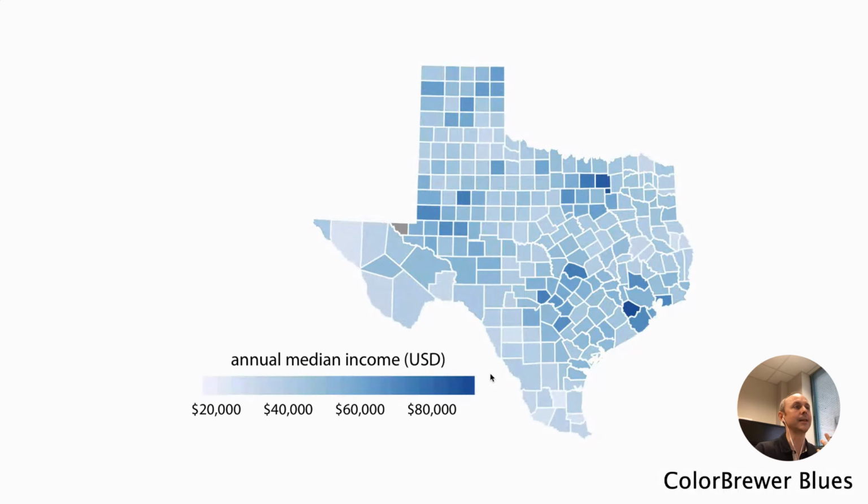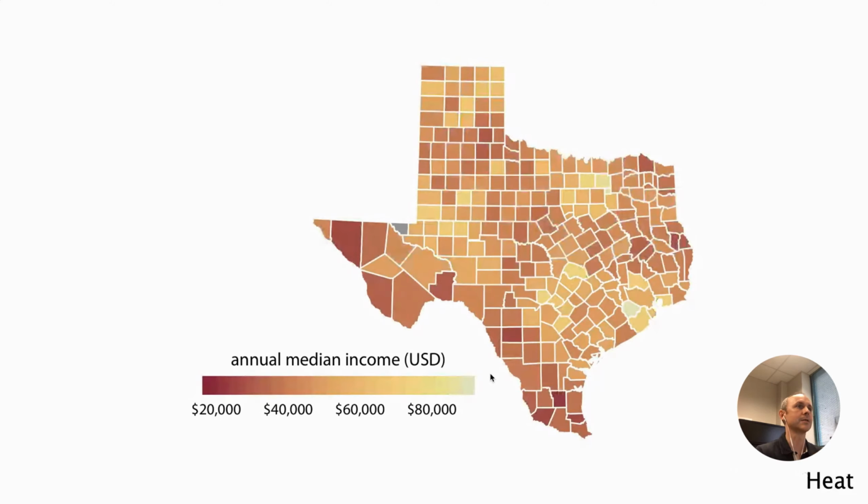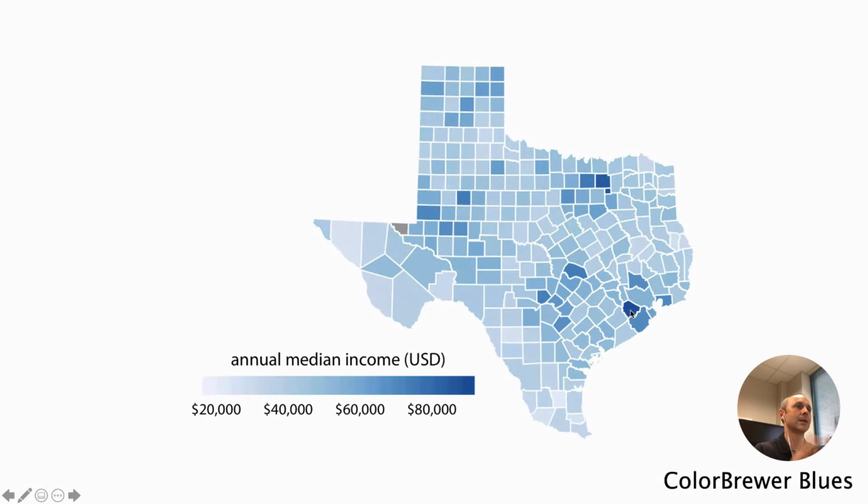So for example, here, this is a very calm and pleasant visualization, versus this, which is sort of more aggressive, more in your eyes. The pattern that you see is roughly the same, right? But here the rich areas light up, versus here the rich areas are the darkest.